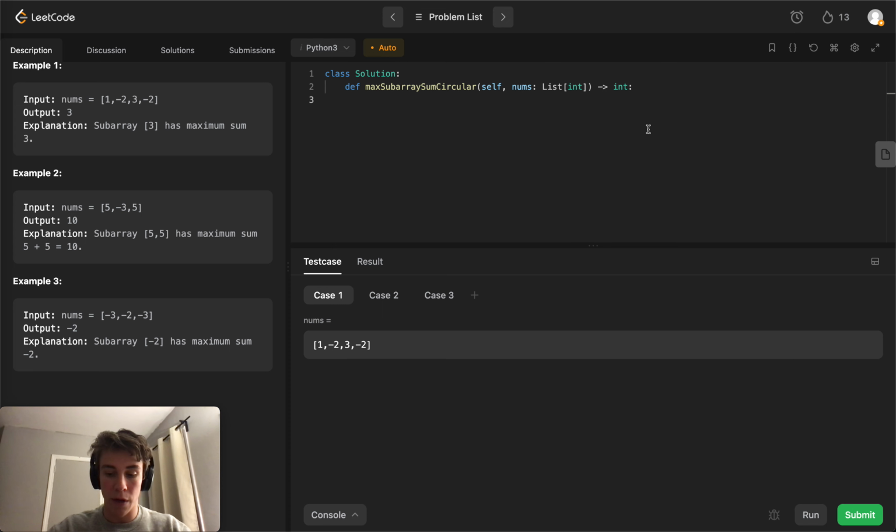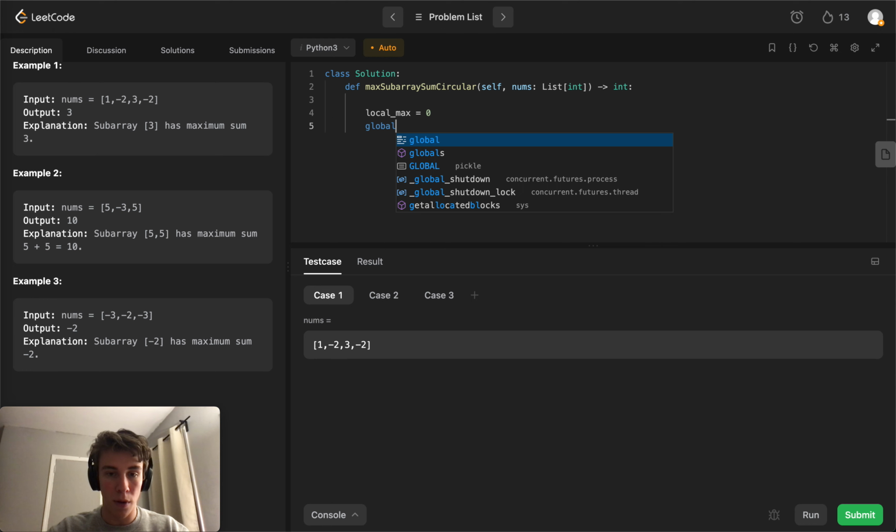First, let me show you how the Kadane's algorithm is implemented. You have something called a local maximum and a global maximum.